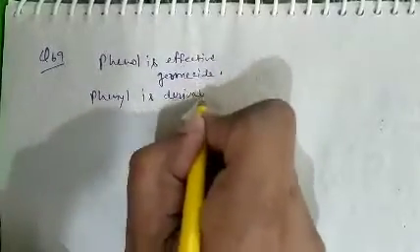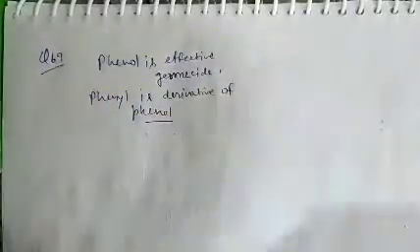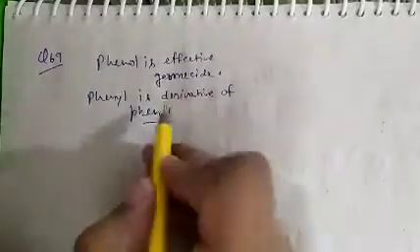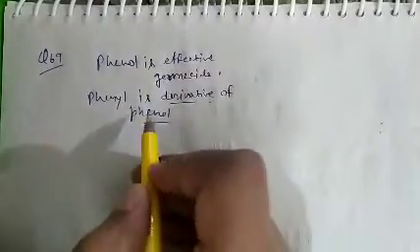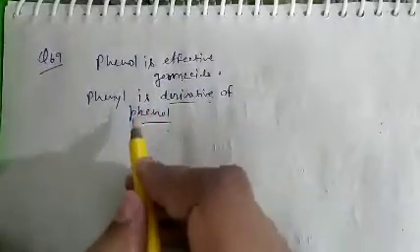So phenol is an effective germicide, and phenyl is a derivative of phenol, since phenyl is prepared by using zinc oxide. So phenyl is a derivative of phenol, hence phenol is an effective germicide, so phenyl will also be an effective germicide.